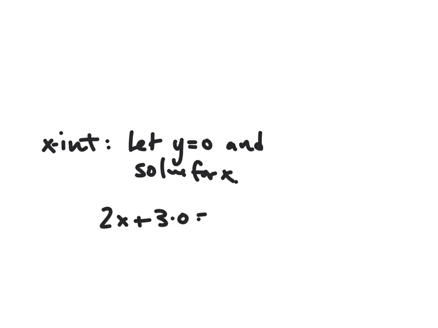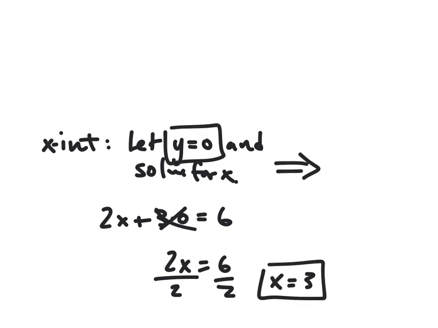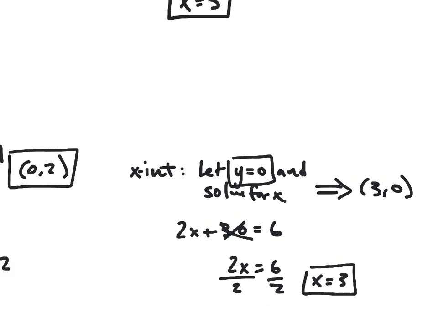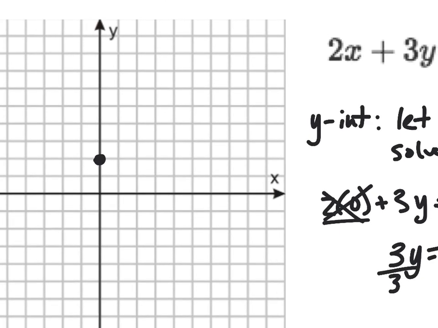This is just going to go away, 3 times 0 is 0. And then we get that 2x is equal to 6. So I'm going to divide by 2 on both sides, and I get that x is equal to 3. So x is equal to 3, y equals 0. This gives me the point 3, comma 0.